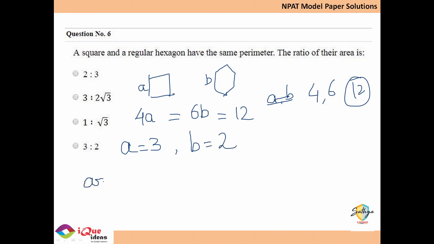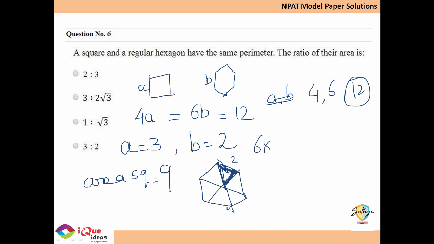So the area for the square will be equal to A square, which is equal to 9. Now the area of a hexagon is nothing but the area of 6 equilateral triangles. Each hexagon is nothing but 6 equilateral triangles of side 2. So 6 times the area of an equilateral triangle, which is root 3 by 4 of the side square. So that is 6 into root 3 by 4 into 2 square.